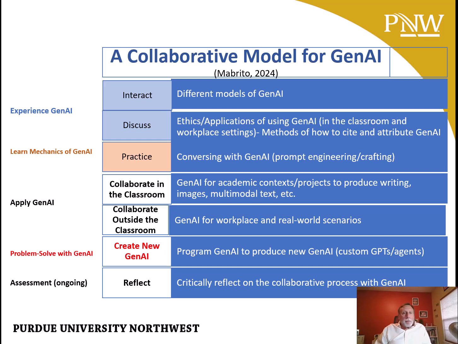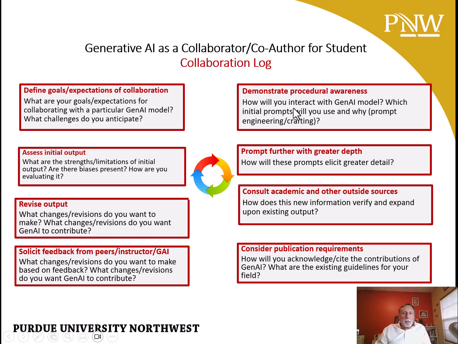So in terms of how this might work out in the early stages, I have this heuristic that I use with students, and I call this a collaboration log. The purpose of this is, as the student's working on a project with generative AI, they can reflect and document what they're doing.